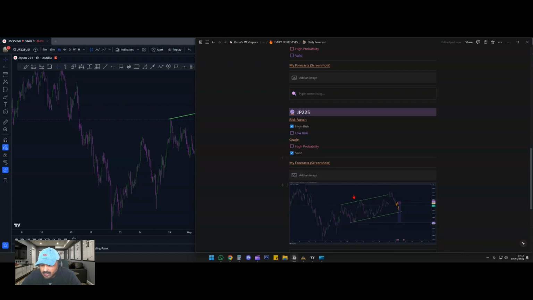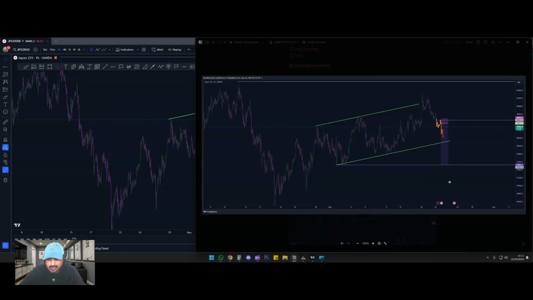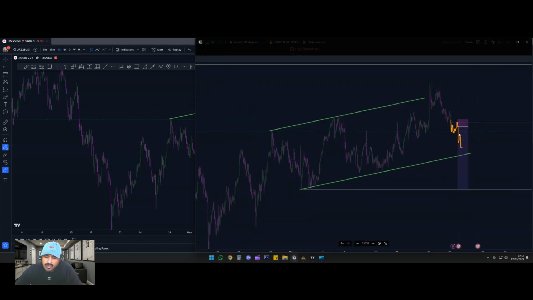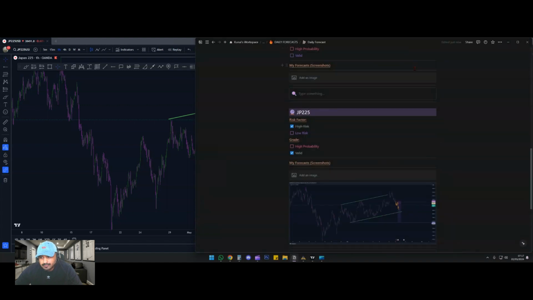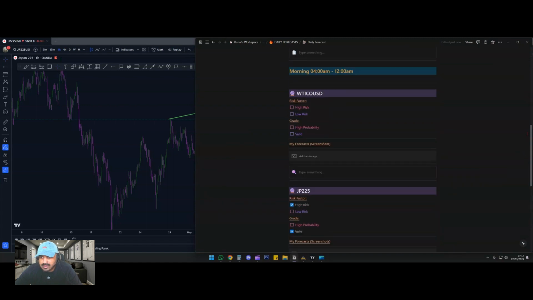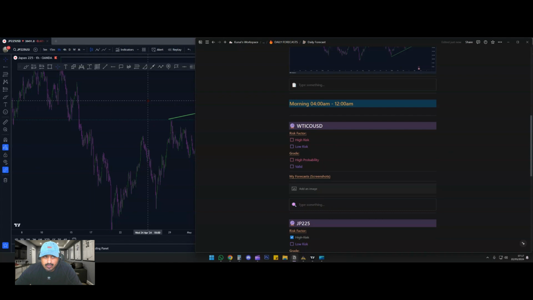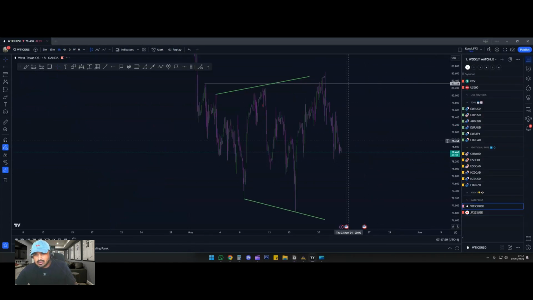But we have to be aware that we have the head and shoulders, so it lowers the probability ever so slightly. So it's not really high probability, it's quite average in my opinion. You'd be playing this sort of scoop, then rejection, and then gone. It's risky, so you'd have to be situationally positioned to take a trade like that. And then you've also got the WTI Co USD.